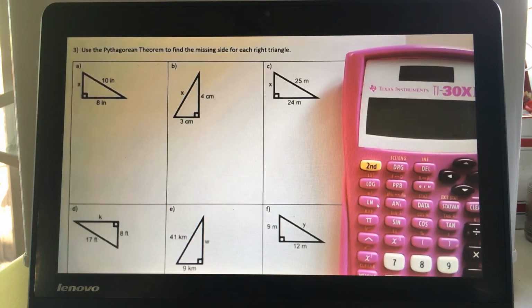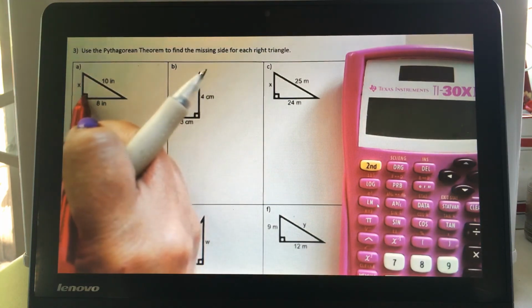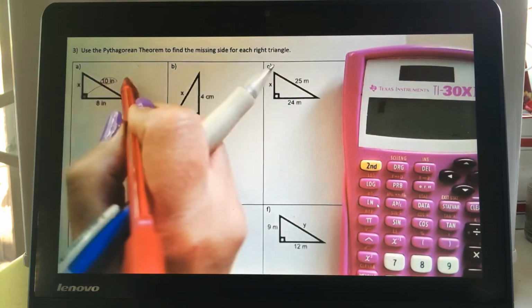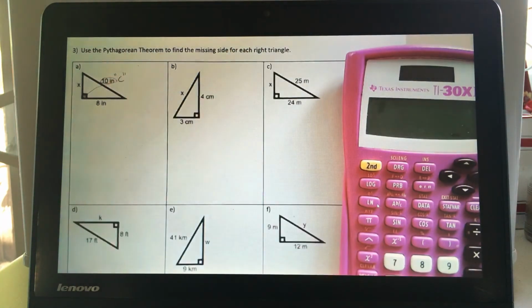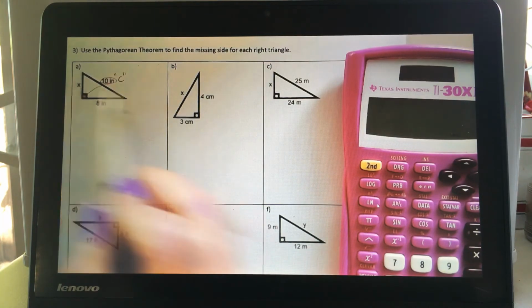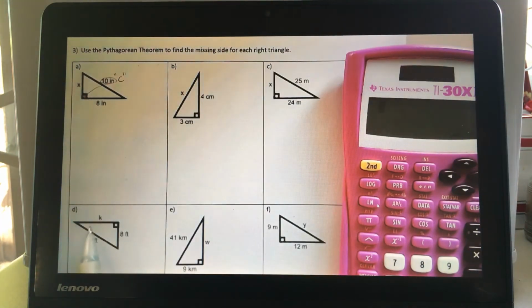Okay, so again, we're going to go through and work just a few of these. So I know that my largest side is always across from my right angle. So this is always going to be the value for C. Okay, now you can see that for the missing sides, they've put in some variables, some X's, K's, W's, Y's.